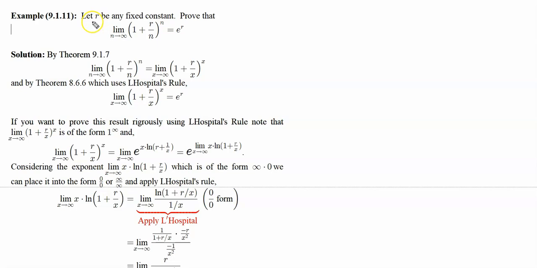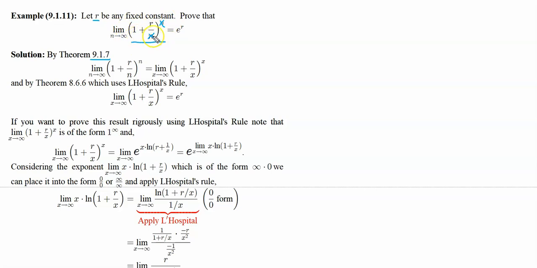Now in this example, we want to prove that for any fixed constant r, the limit as n approaches infinity of 1 plus r over n to the nth power is equal to e to the r power. What we're going to do here is simply invoke Theorem 9.1.7, which states that when we're looking at this function of n, we can replace the n's with x's, and then think of this as being a function over the entire real number line.